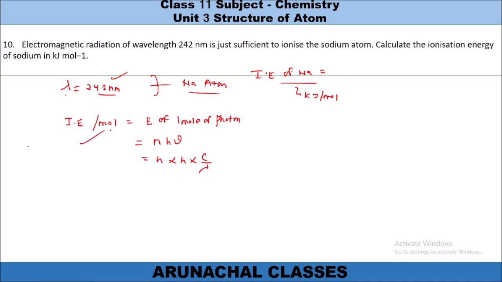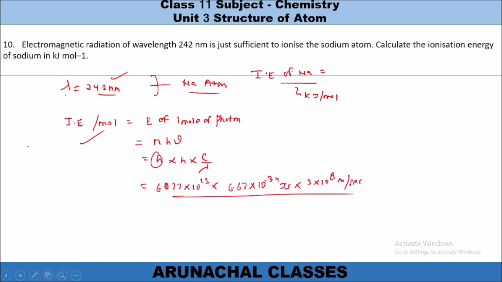The number of sodium atoms will be 6.022 into 10 power 23. h is the Planck constant, 6.62 into 10 power minus 34 joule second, multiplied with 3 into 10 power 8 meter per second, divided by lambda. Lambda is 242 nanometer, that is 242 multiplied with 10 power minus 9 meter.